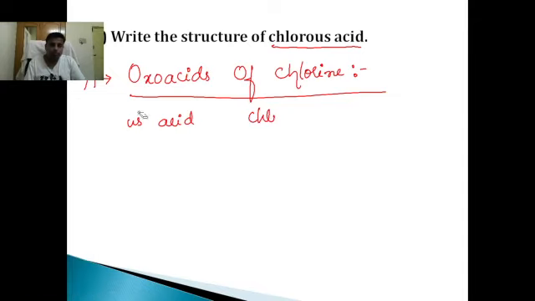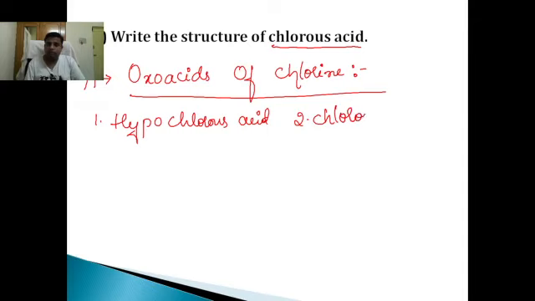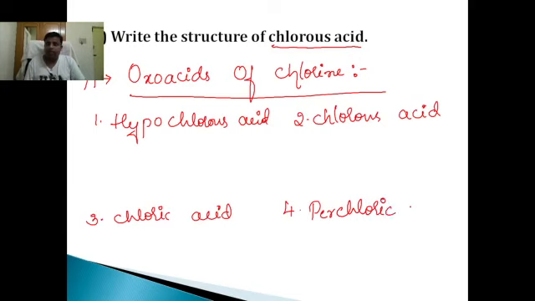First one is hypochlorous acid. Then chlorous acid. Then chloric acid. And the fourth one is perchloric acid. These are the oxo acids of chlorine.